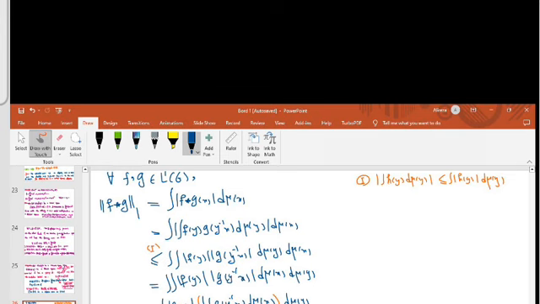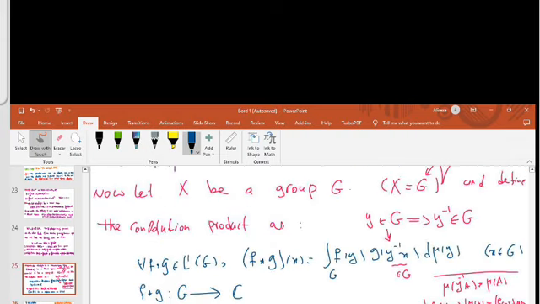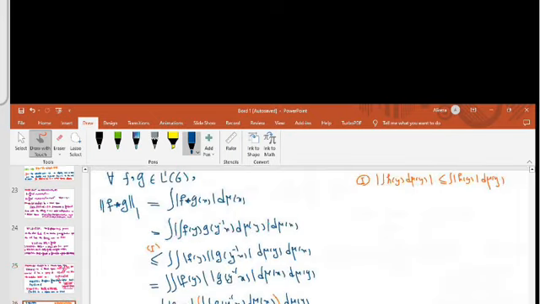Okay, and the first one is the norm 1 of f, and second is the norm 1 of g, so that we have this inequality for our group with a Haar measure. Okay, please note that.